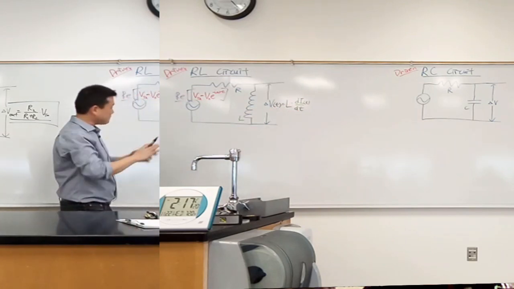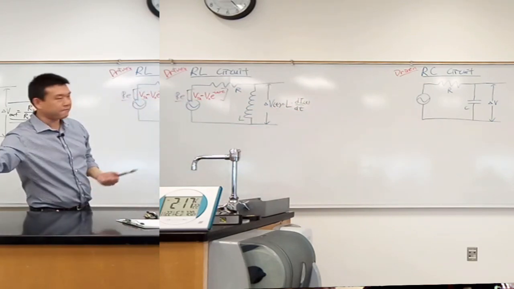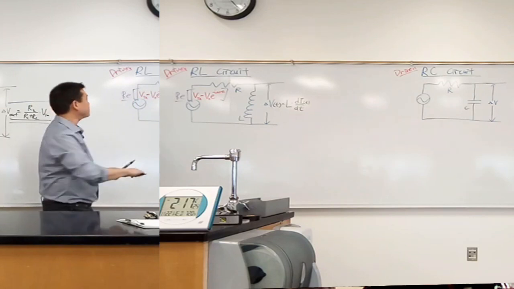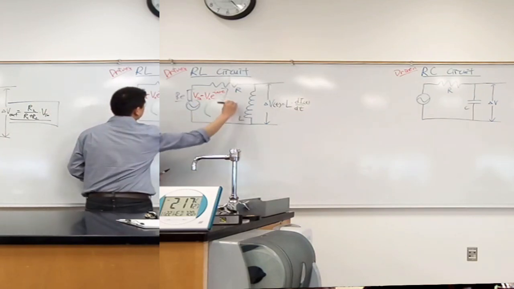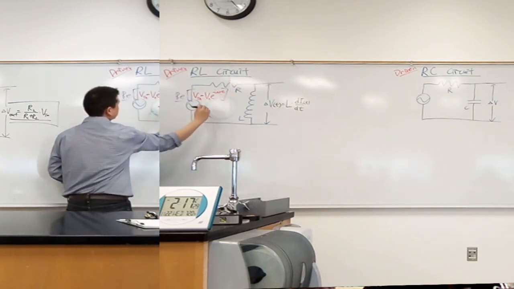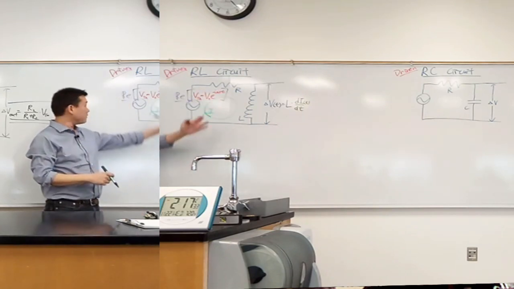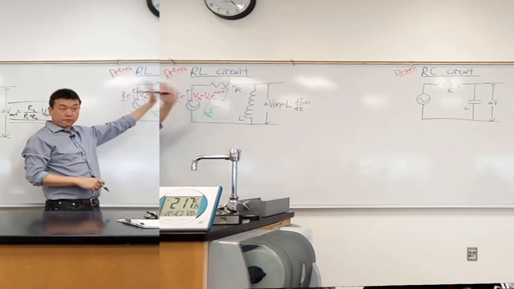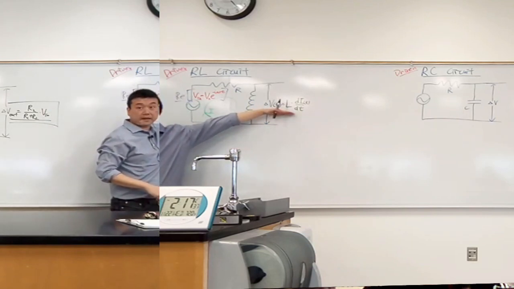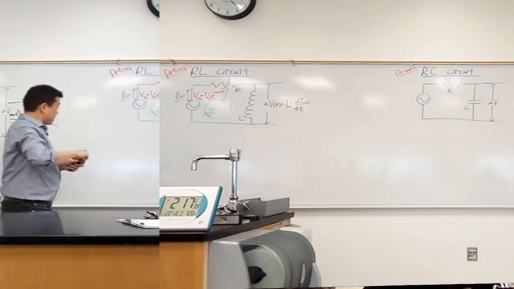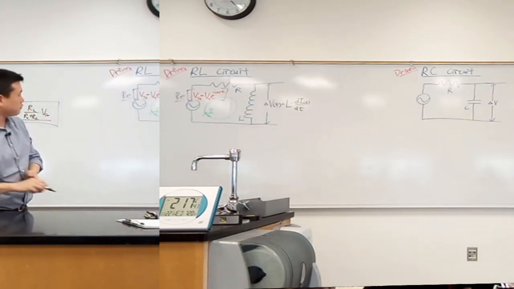So it does come down to the same old thing that we do every single time. We consider this loop, say there's a current flowing around this way, apply Kirchhoff's rule to find the value of the current, and then once I have that, this is a single step thing. Okay? So let me write down Kirchhoff's loop rule.